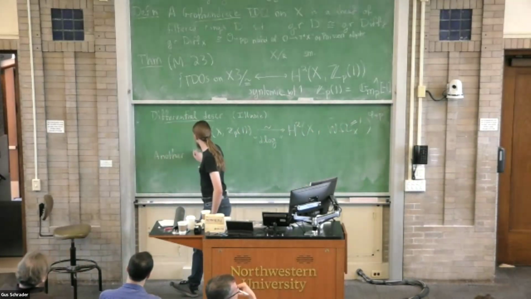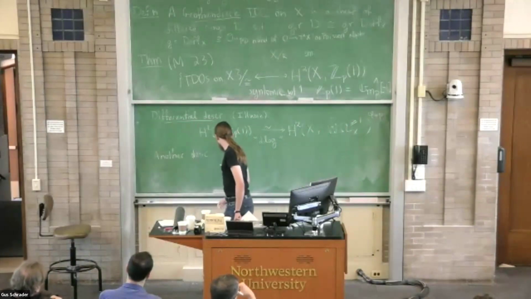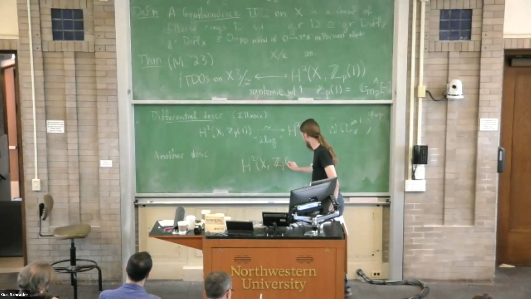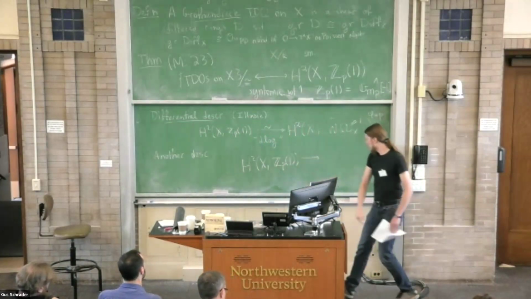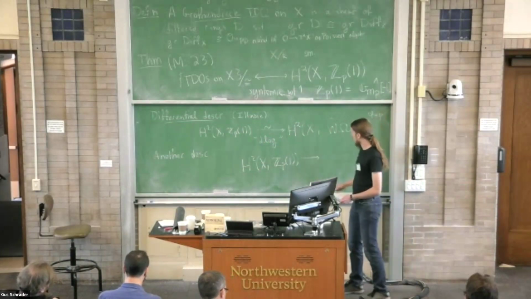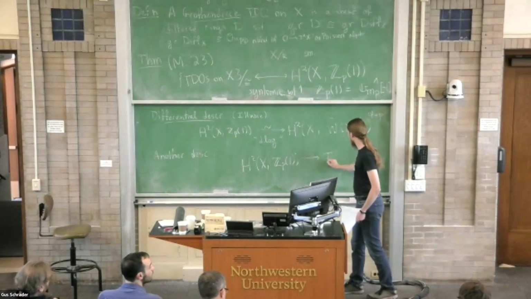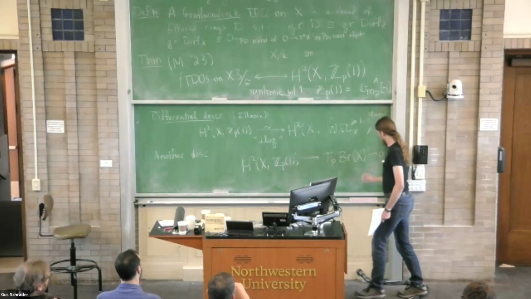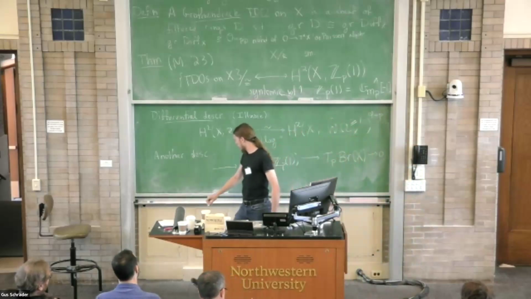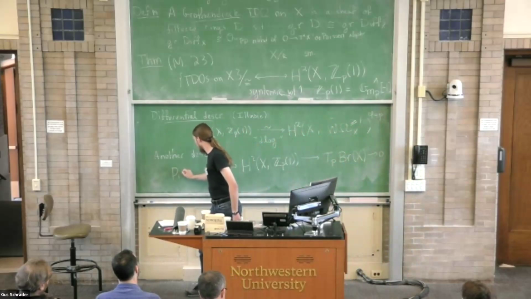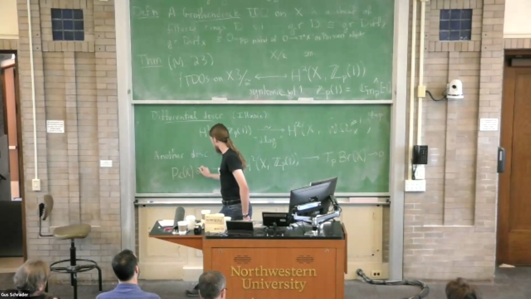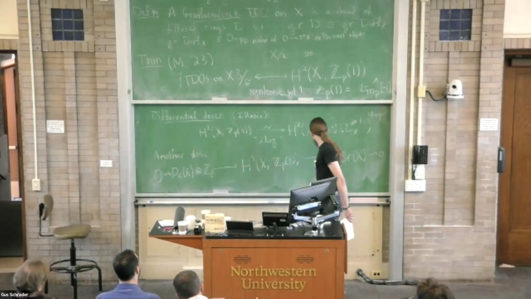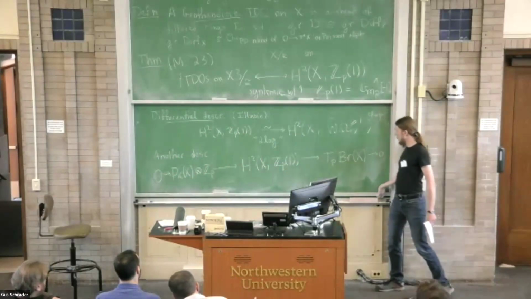So here's another description of this group. There is a short exact sequence. This H^2 of X with coefficients in weight 1 syntomic cohomology maps to the Tate module of the Brauer group. And then the kernel is the Picard group of X tensored with Z_p. So I should say what the Tate module is.